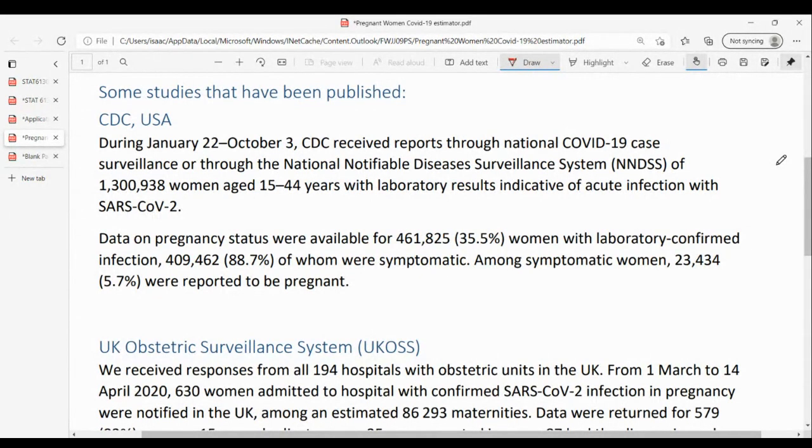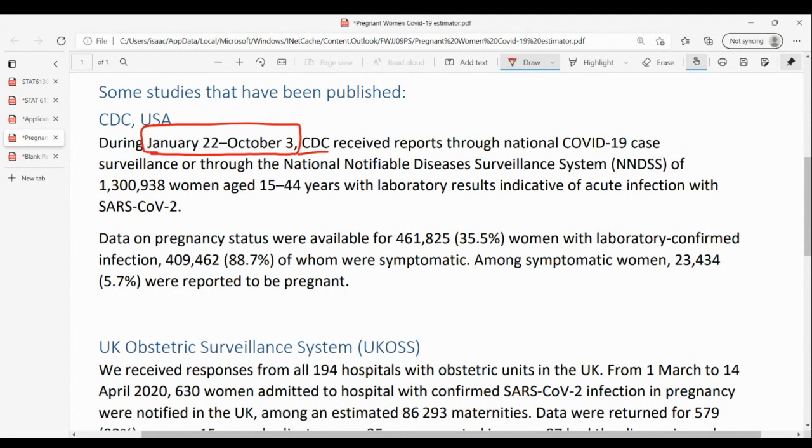So you would see the first one, the CDC, during the time period January 22 to October 3rd, 2020. That was when the US had a large number of cases, and they collected this data specific to pregnant women. So we have specific data, for a specific time, in a specific jurisdiction.